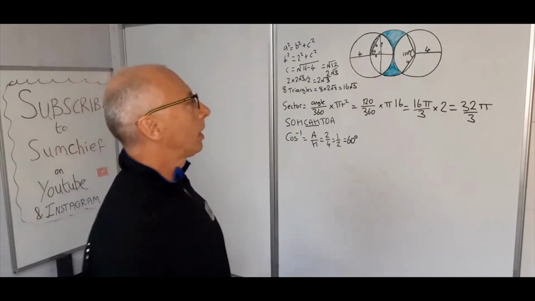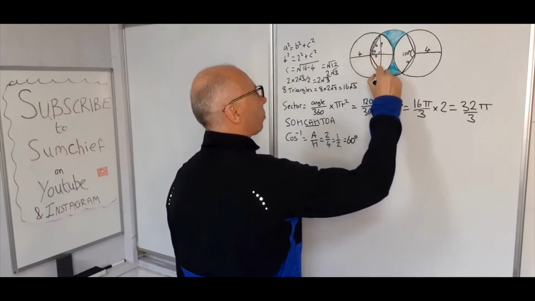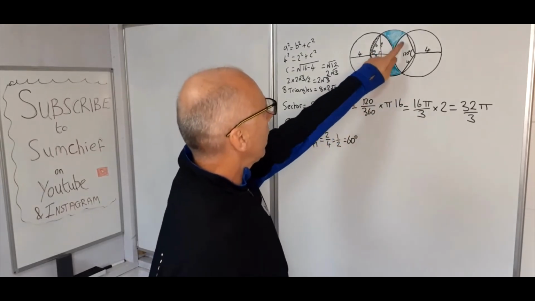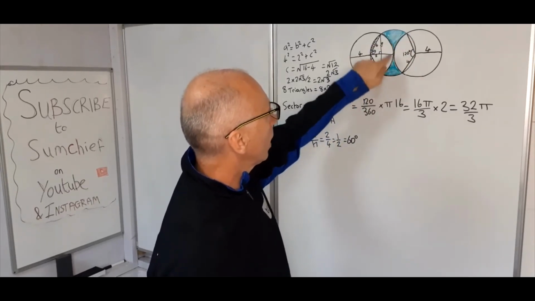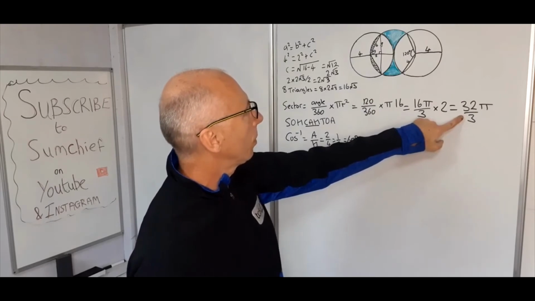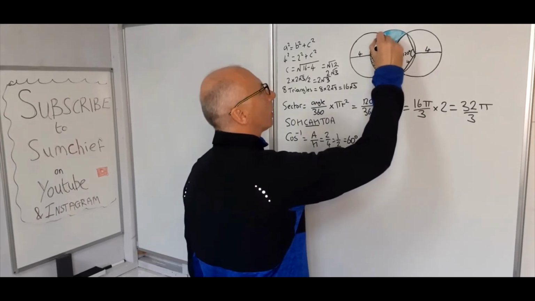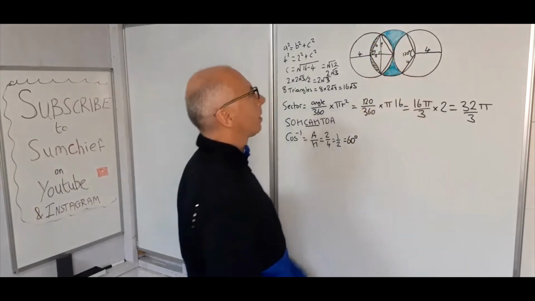Okay, now what we need to work out from that, if we draw a line down here, we've now got the area of this sector. There's going to be the mirror image, of course, because the circle goes here. So we've got the area of the sector, which is 32 pi over 3. And we've got the area of the triangles. So the triangles come down here like this.